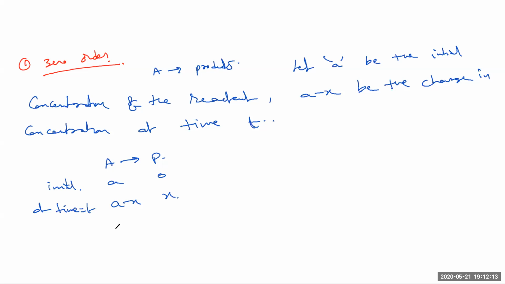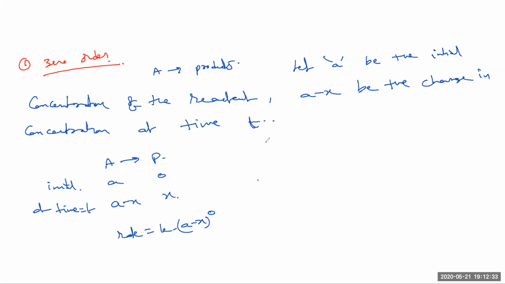So by applying law of mass action, what is the law of mass action? Rate of reaction. Rate is equal to K into a minus x whole power 0, because it is a zero order reaction.